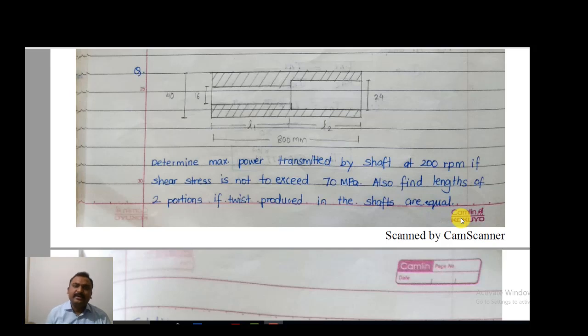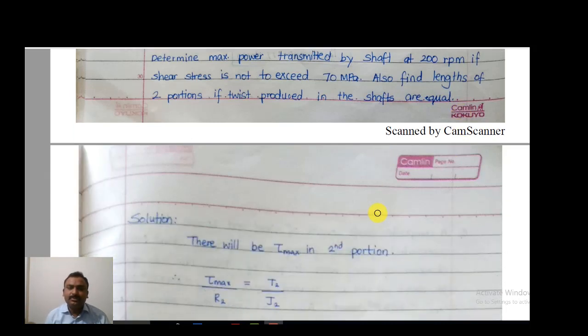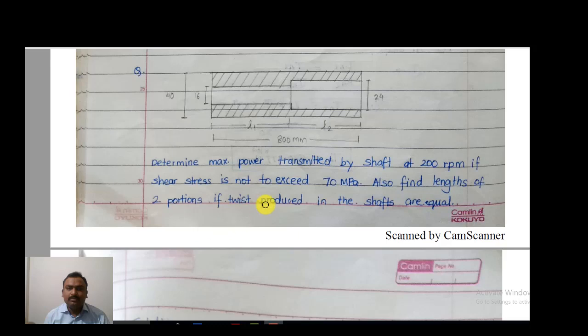Let's see. The maximum shear stress is not to exceed 70 MPa as it is given. In the first portion the central hole is of diameter 16 and in the second portion it is of diameter 24. That means in the second portion the polar moment of inertia will be less as compared to the first portion.